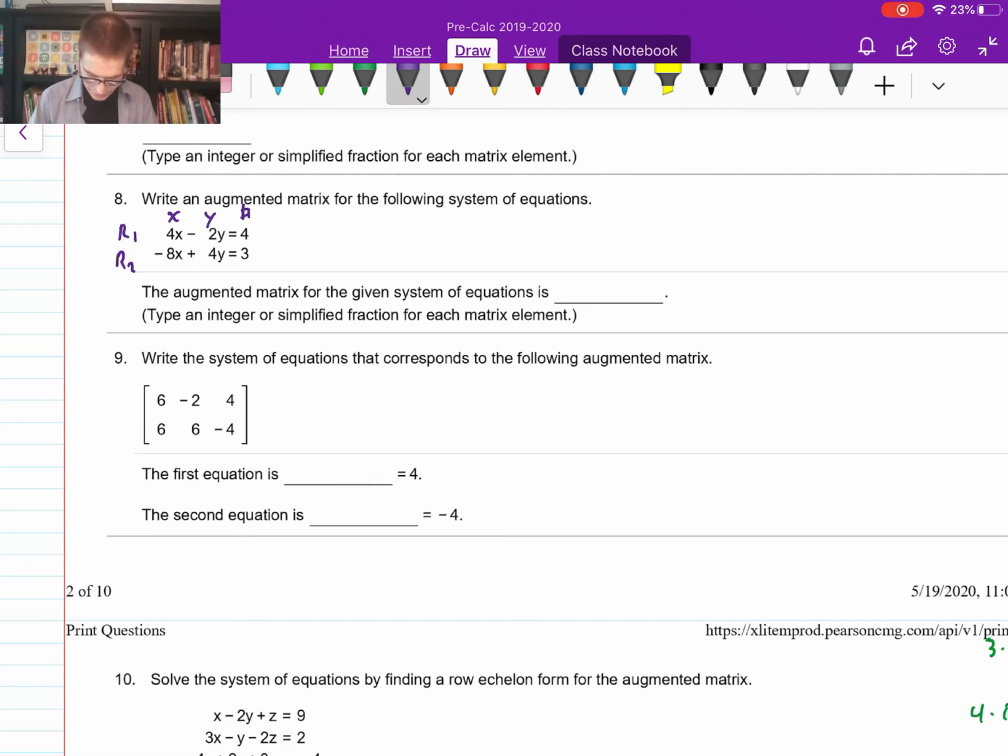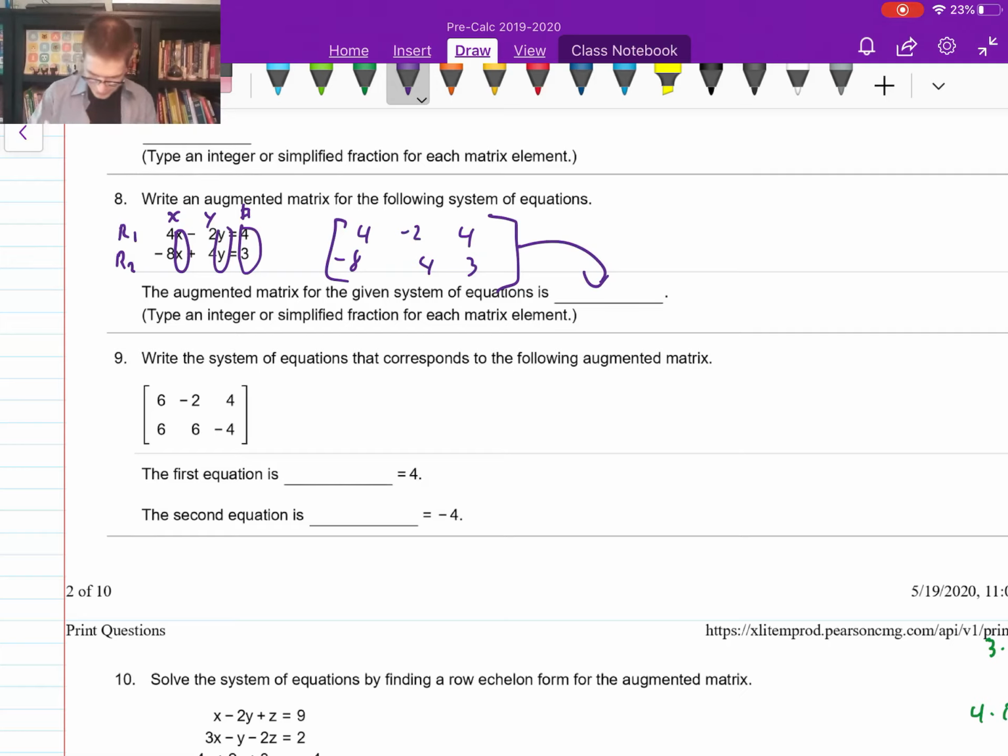So you get 4, -2, 4, -8, 4, and 3, ordered just like you see it. Just make sure that the x's are in line, and the y's are in line, and the numbers are both on the right side of the equation, which they usually are. And so that just gives you the matrix here. So the augmented form of the matrix is 4, -2, 4, 8, -8, 4, 3. Let me make sure that, yeah, cool.